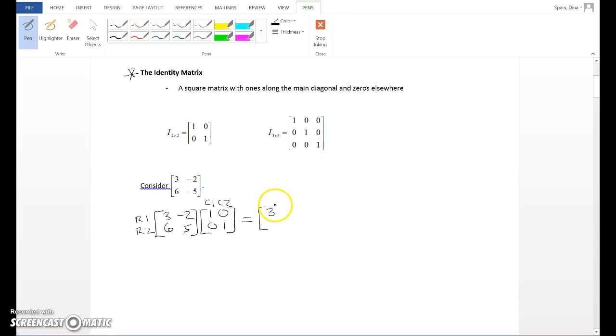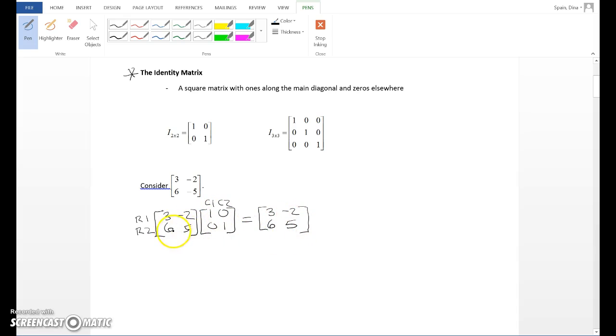In the 1, 2 position, that's row 1 dotted with column 2, 3 times 0 is 0. Negative 2 times 1 is negative 2, goes there. This is the 2, 1 position, row 2, column 1, 6 times 1 is 6, plus 5 times 0, that'll be a 6. And then row 2, column 2, 6 times 0 is 0, 5 times 1 is 5.